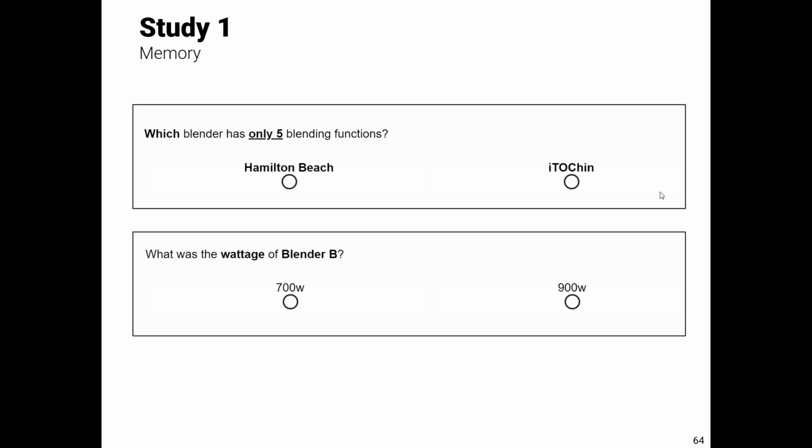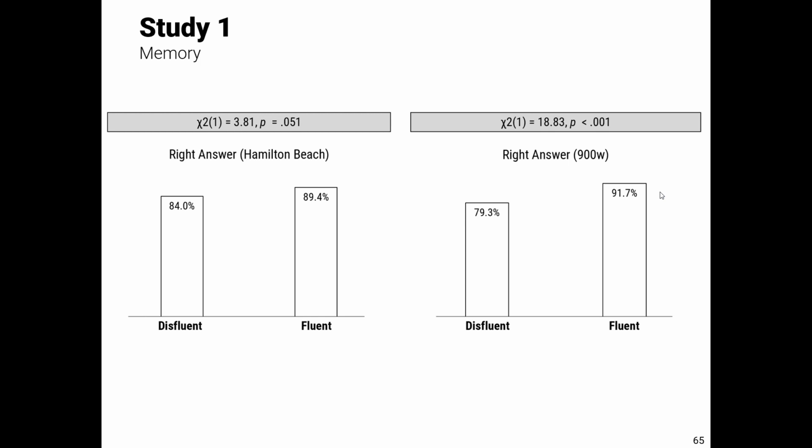And also at the end of the survey, we asked two questions regarding the details of the information provided, to see whether people pay attention to the details. And we found that actually when it's easy to read information, people have better recall, so they remember the details better, which is something we expected.